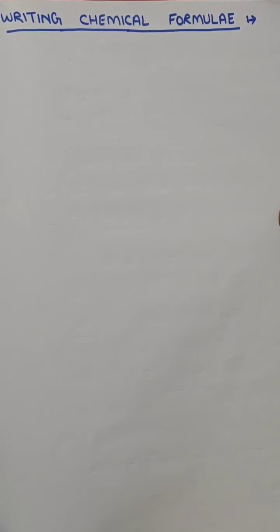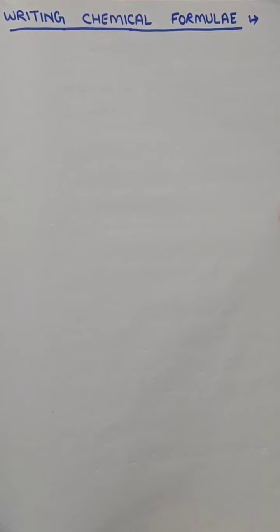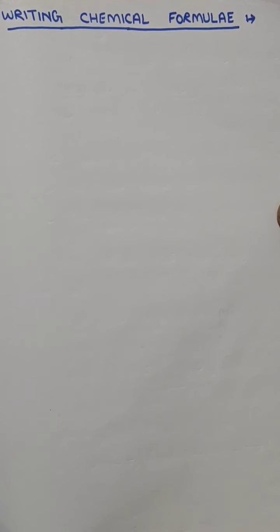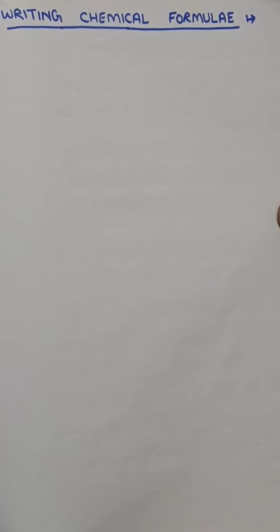So, starting with our chapter, which is chapter 3, Atoms and Molecules, today we will be doing writing chemical formula. Whenever we see any chemical formula, it has a symbolic representation of the composition of its compound. Whenever we say NaCl, NaCl is sodium chloride.